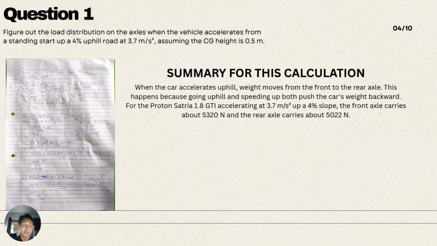For the next step, we need to find the dynamic axle loads, the main part of the calculation. There are two forces that try to lift the front of the car during uphill acceleration, which are the slope and the acceleration. For the front axle load, WF, the formula subtracts the effects of the slope and acceleration from the static front load.